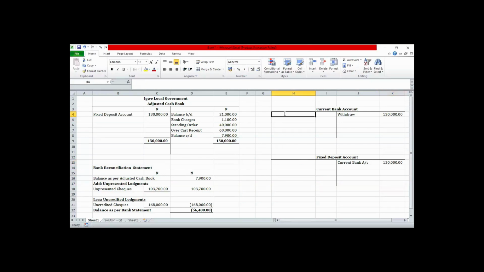It says please deposit account. What does it mean? 130 here, 130 here simply means zero. Is it clear? It simply means money did not move out from this account anymore. It has gone to the account where the money has moved out. That's all. This, our adjusted cash flow, is the one representing our current bank account. Okay, I get it. Is that clear?